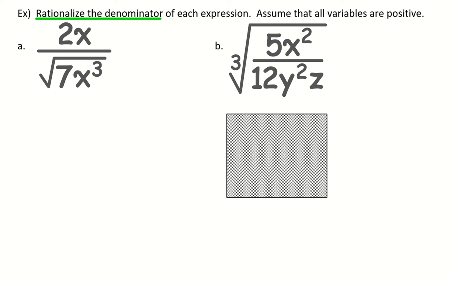From here on out, basically, in your math career, I don't know about geometry so much because that's so much its own thing. But for the most part, from here on out, your final answer to a lot of problems is not really allowed, quote unquote, to have roots in the denominator.